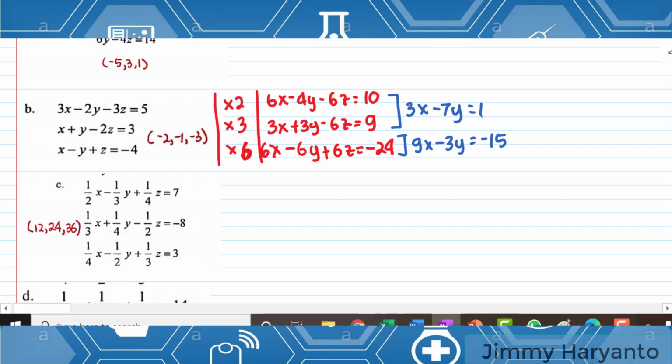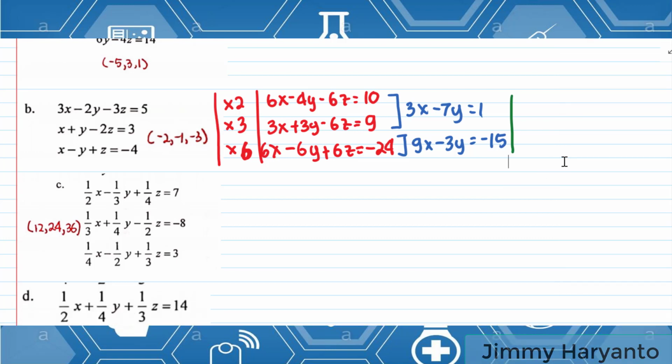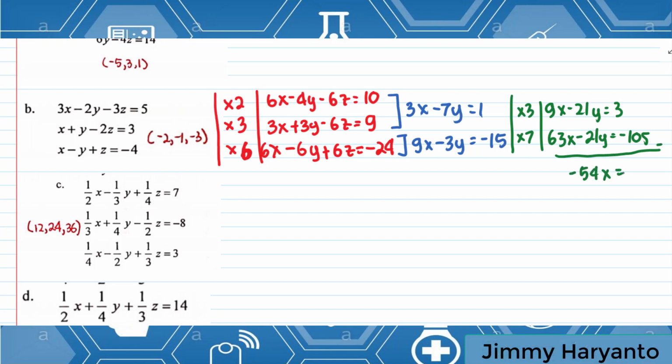Now I want to eliminate the y so I can find the x, times it with 3 and then with 7. 9x minus 21y equals 3, and 63x minus 21y equals negative 105, and then I can minus it. The result will be negative 54x equals 108, so x will be negative 2.